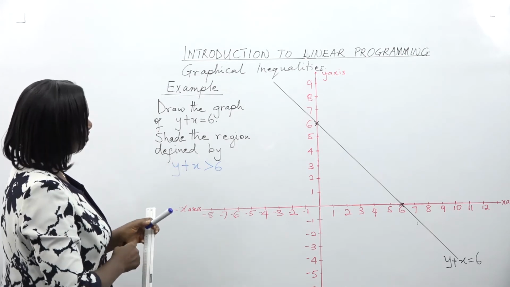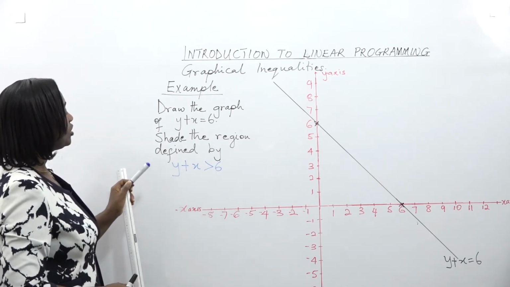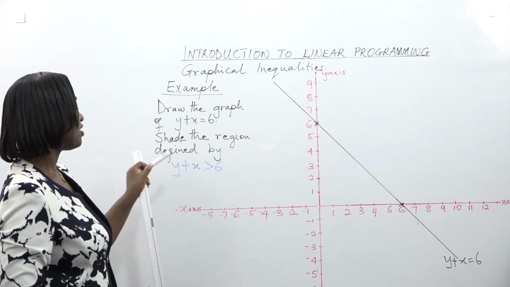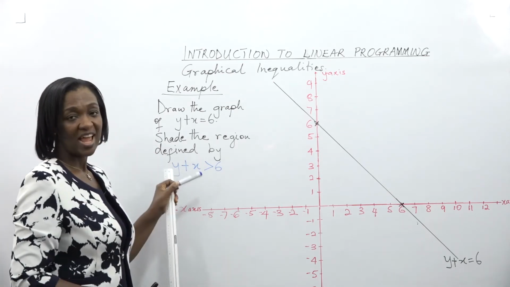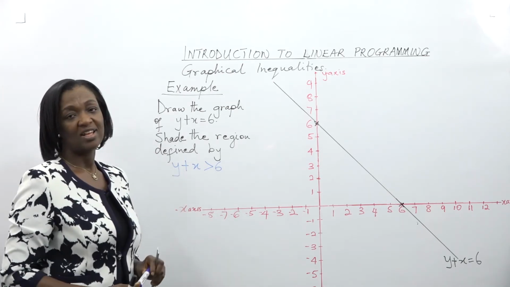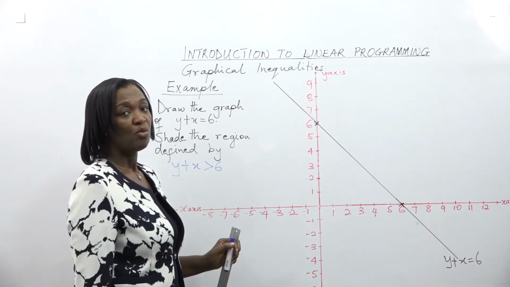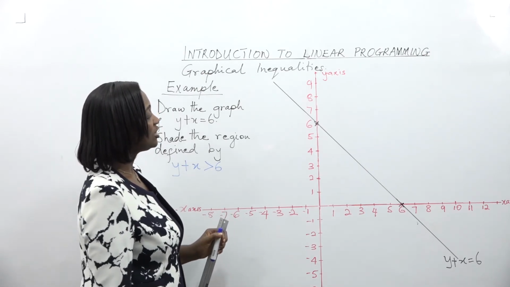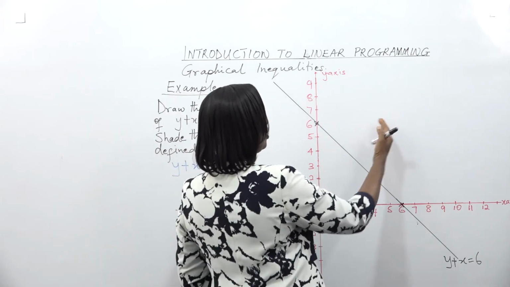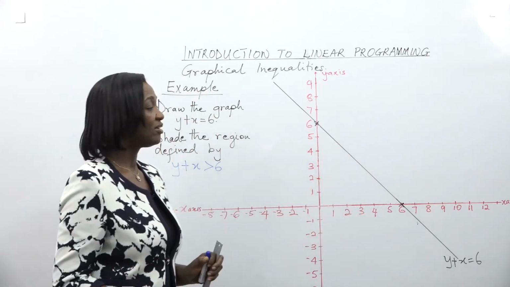The next thing we're supposed to do is to shade the region defined by y plus x is greater than 6. We need to know whether it's the region above the line or beneath the line.